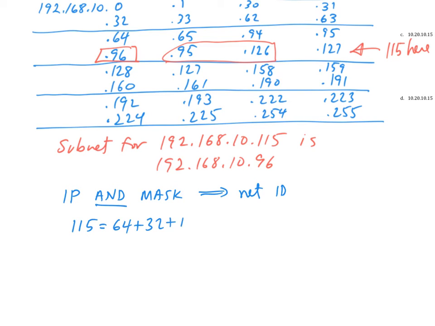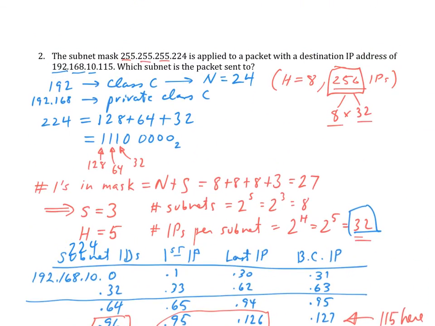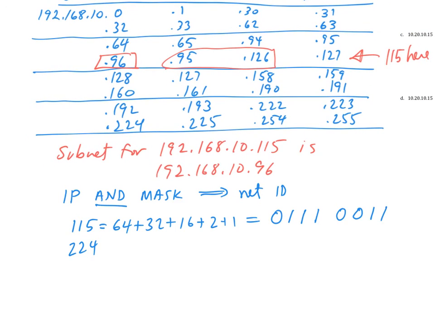We've got 19 more, so a 16, and 3 more is 2 and 1. So 115 is 0 in the 128's place, 1 in the 64s, 1 in the 32s, 1 in the 16s, 0 in the 8s, 0 in the 4s, 1 in the 2s, 1 in the 1s. There's 115. And 224 we already figured out is 1, 1, 1, 0, 0, 0, 0, 0.